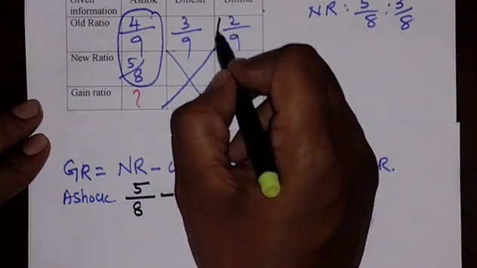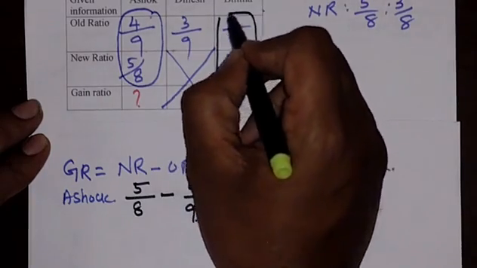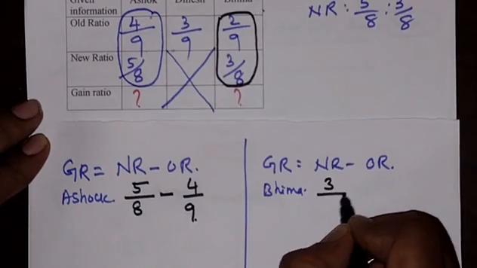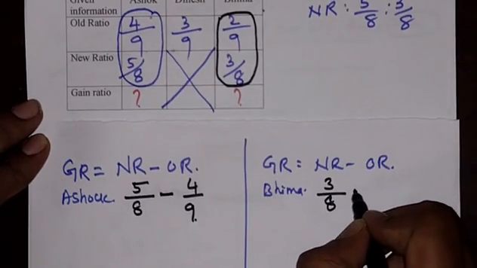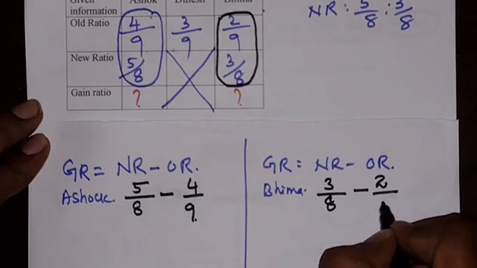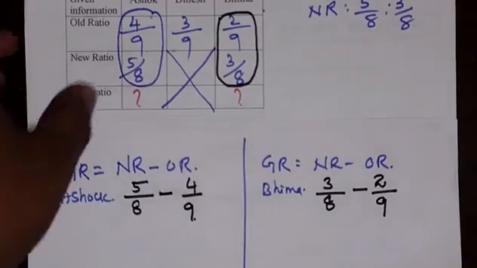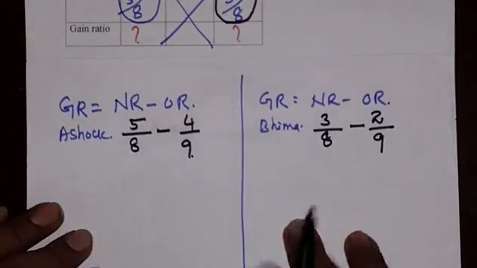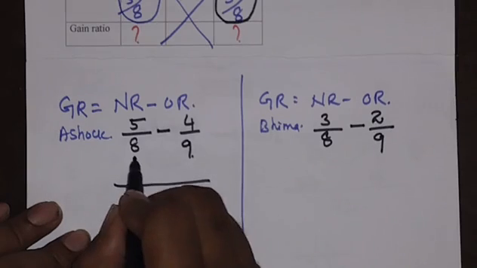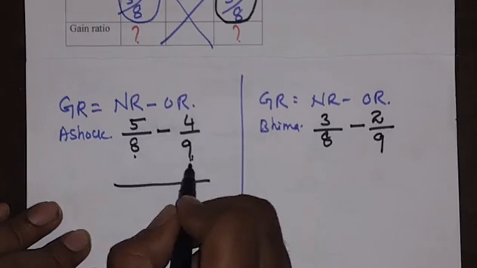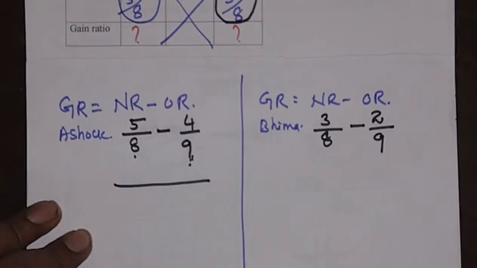And in case of Bhima, the new ratio is 3 by 8 minus 2 by 9. So under this situation, when you see the denominators, they are not in the position of taking the LCM. There is no common number. 8 and 9, there is no common number.